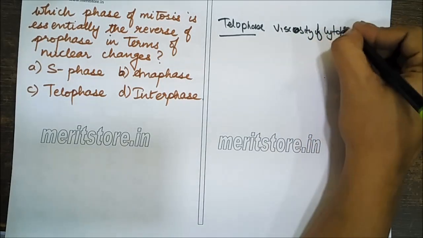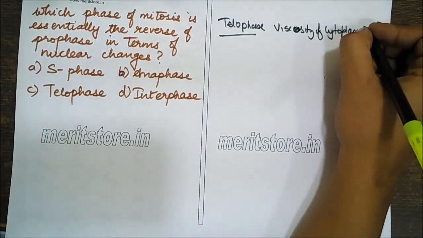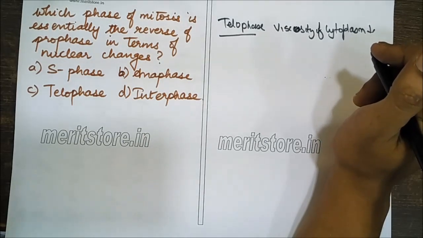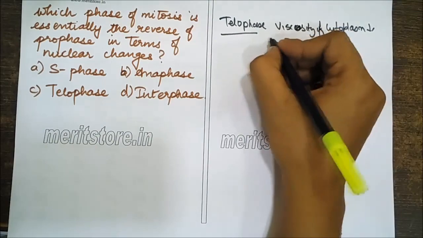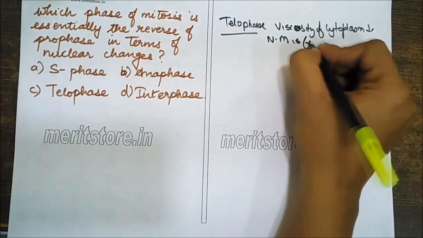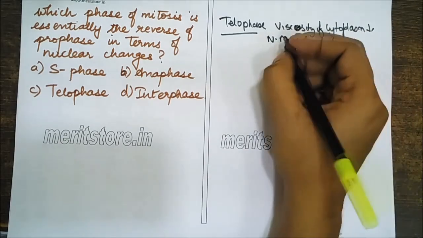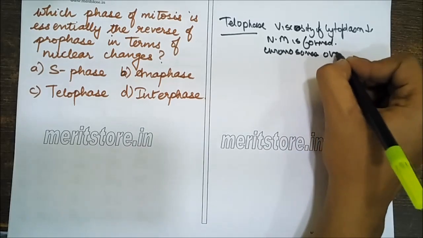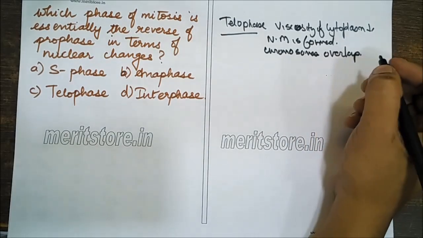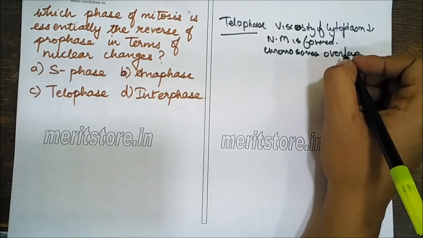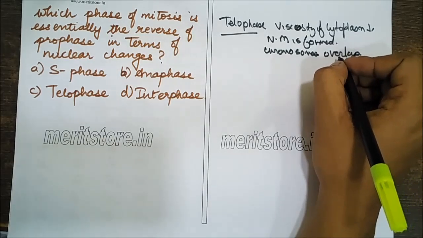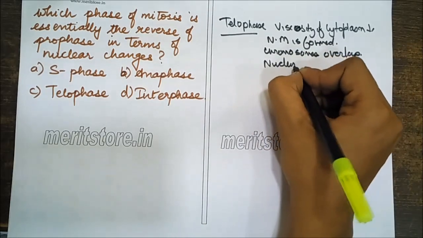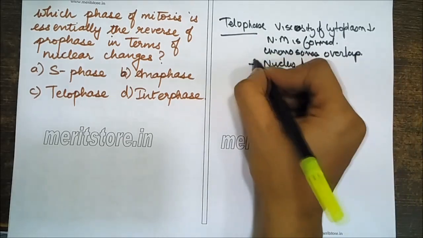And the nuclear membrane is formed on either side around each set of chromosomes. Then chromosomes uncoil and form chromatin, and the nucleolar organizer region of the satellite chromosomes produces nucleolus for each daughter cell. So the nucleus is formed for each daughter cell.